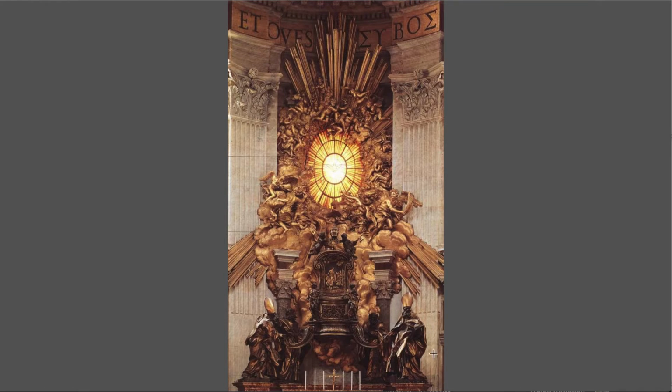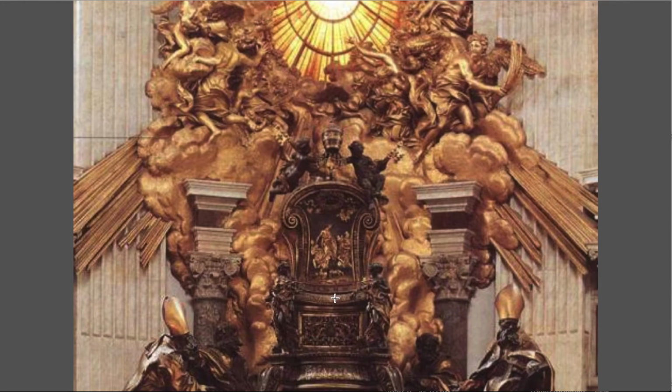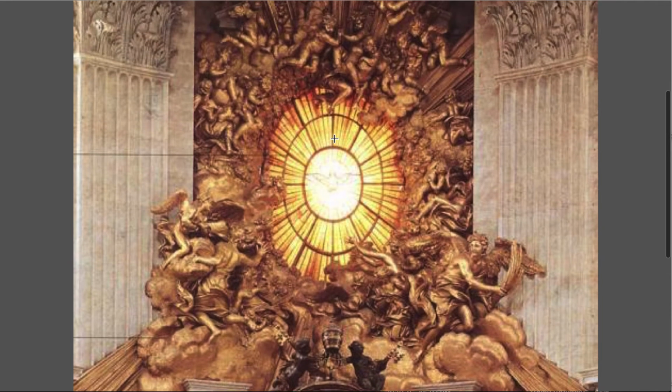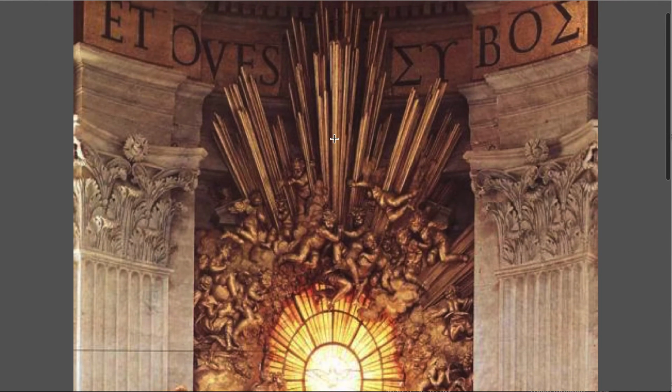Here's a close up of it. So he was responsible for all of these figures as well, and this is the chair of Saint Peter. This is the throne. There's the keys and the mitre, the helm, the hat. You see, this is just Baroque all over the place.